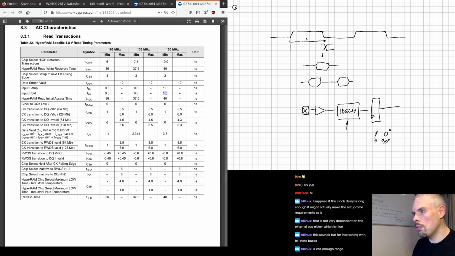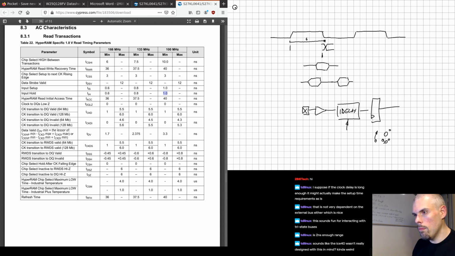On the iCE40, it was definitely not designed with that in mind. I'm definitely abusing it for things it was not designed for, there's absolutely no doubt about it.